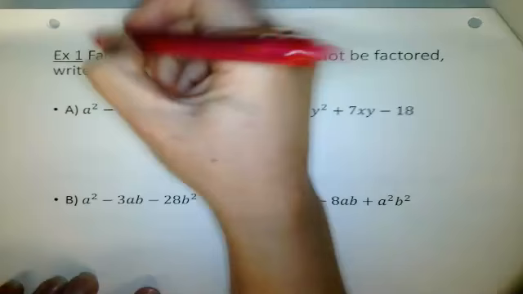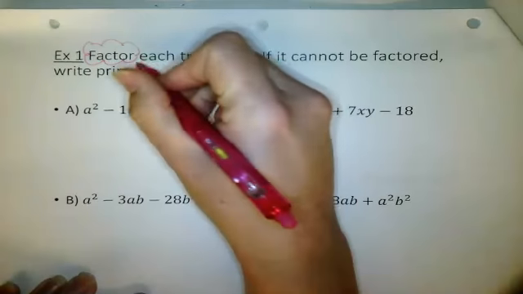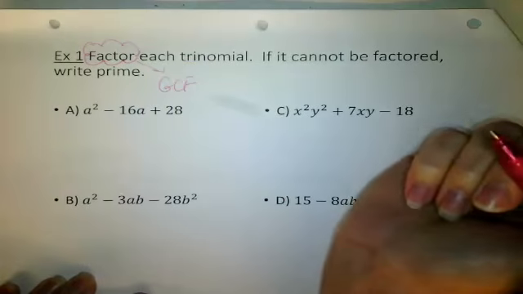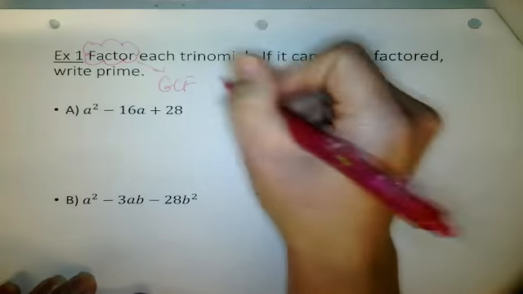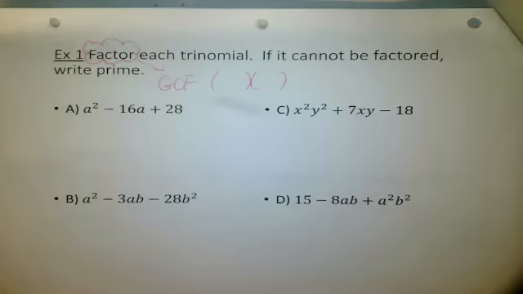And again, anytime you see the word factor, there are 2 things that you want to do. The first thing you should always do is look for a GCF. And then, once you've done that, see if you can double bubble. So factor means greatest common factor and then double bubble. That's what I want you to get in the habit of asking yourself before you do anything.